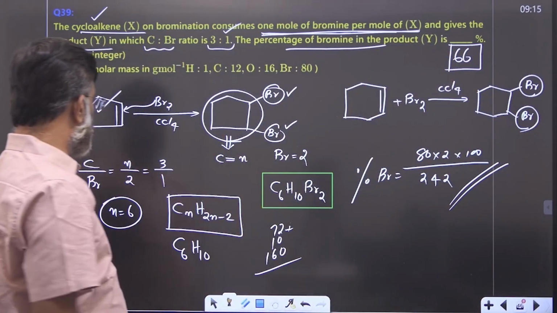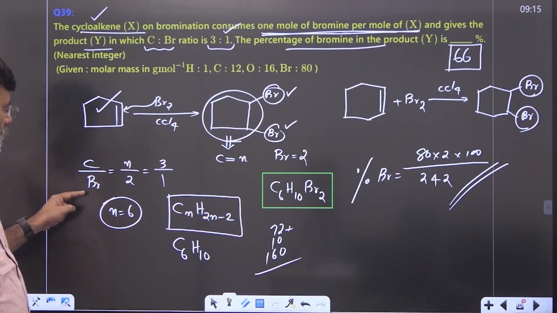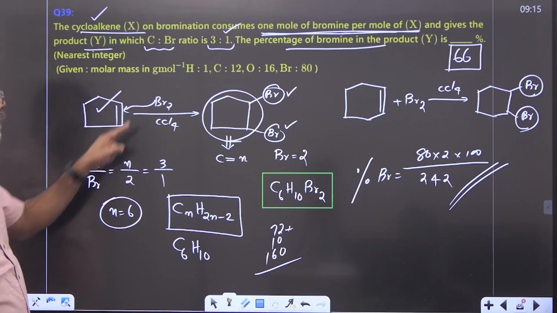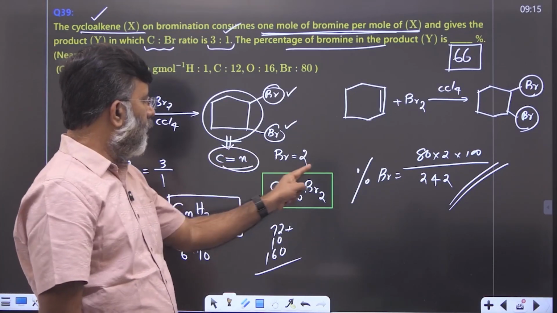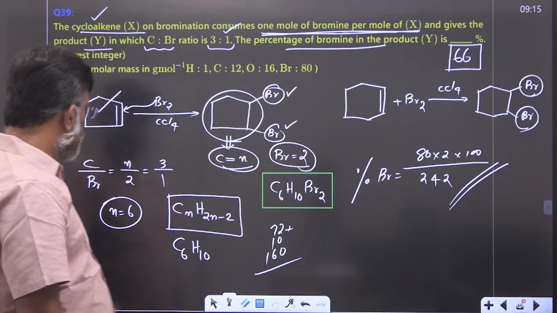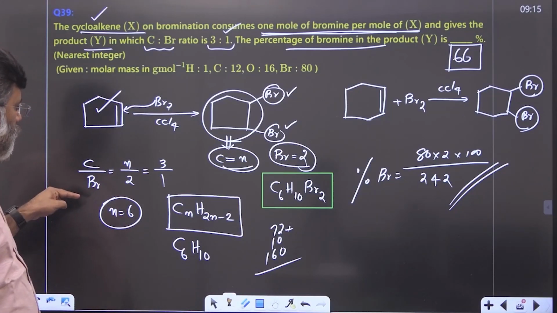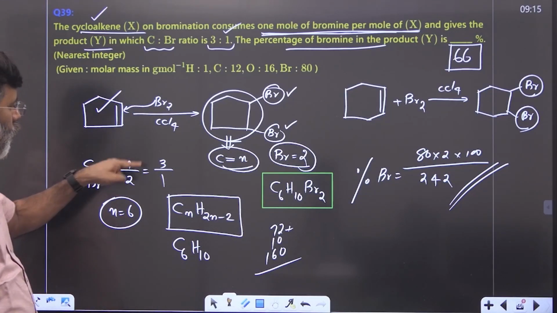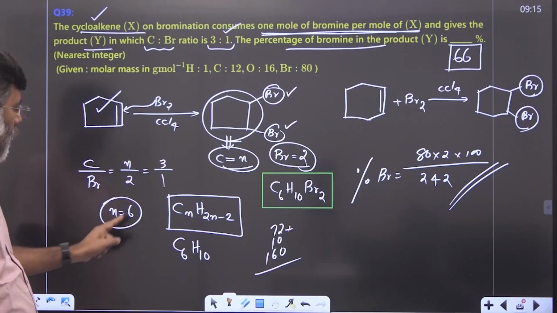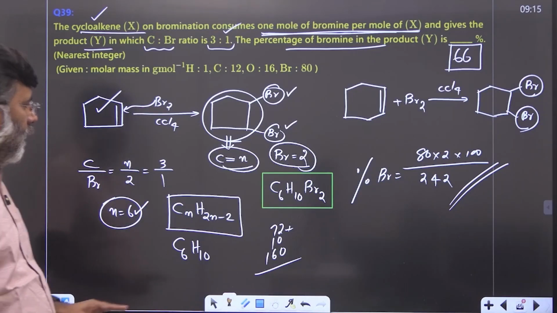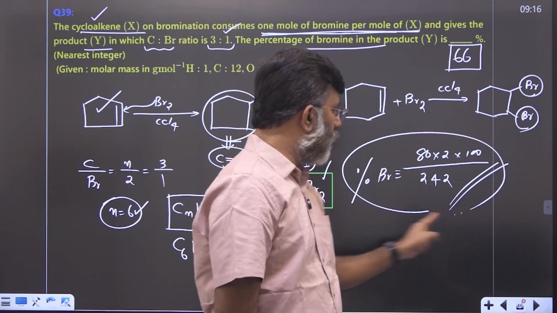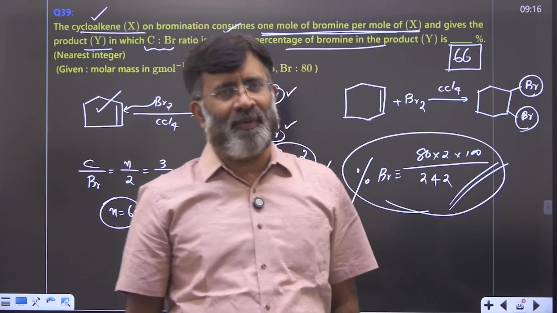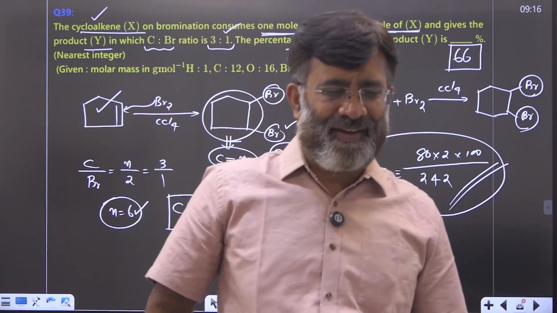Suppose carbon-bromine ratio n is to 2, which is given as 3:1. If there are n carbon, number of bromine is 2. From this we get what is n, from which we get the formula, from which we are able to get the percentage of bromine. Okay, fine.